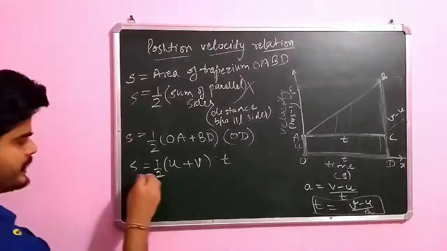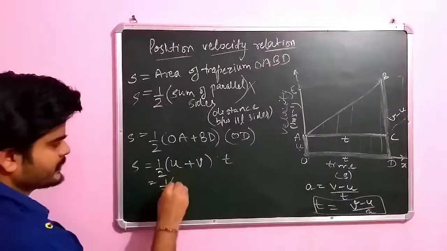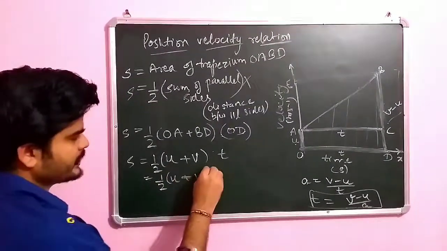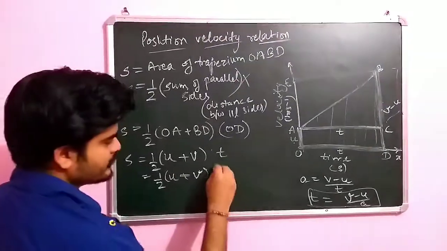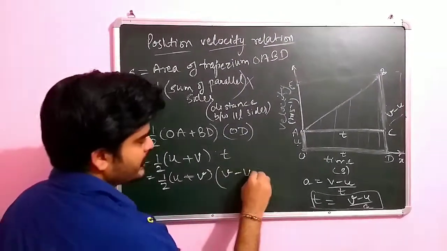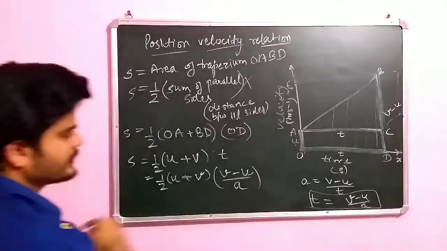Put the value of t in this expression. U plus V into t, where t is V minus U upon a.